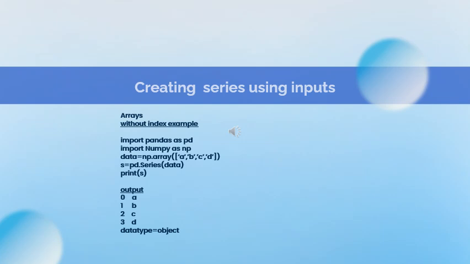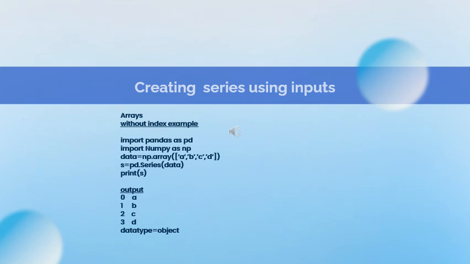When you are writing a program using series in the Python interpreter, you need to import the pandas library as well as the numpy library. Pandas will analyze the data which you are entering, and numpy will deal with numerical data. First, we have created an object called data, where I am storing an array of data, that is A, B, C, D. Here I have not given any index.